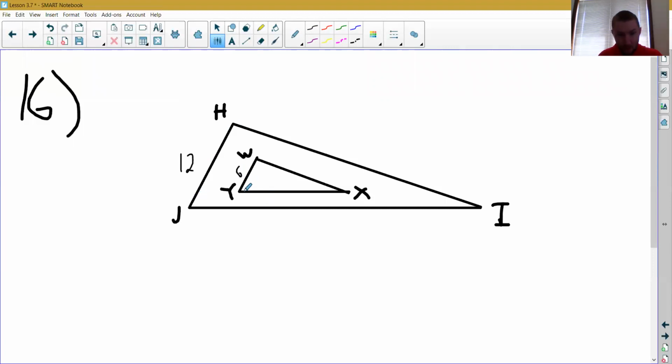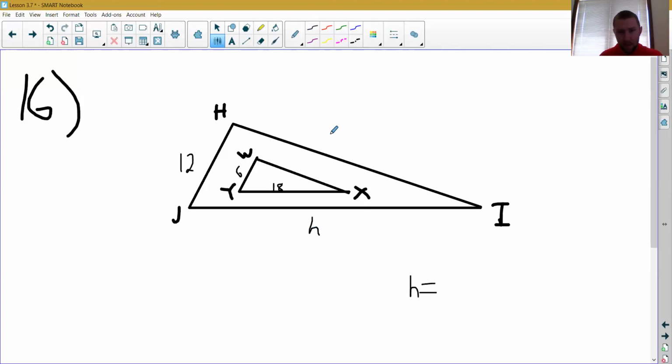Okay, and then they tell you that YX down here, this bottom side, is 18. Then along JI, they put an H. Okay, so the first thing that they want you to solve for is H. So part of your answer for that is going to say H equals whatever, and it's going to come from these proportions, okay? 6 over 12, 18 over H, cross multiply, and so on.